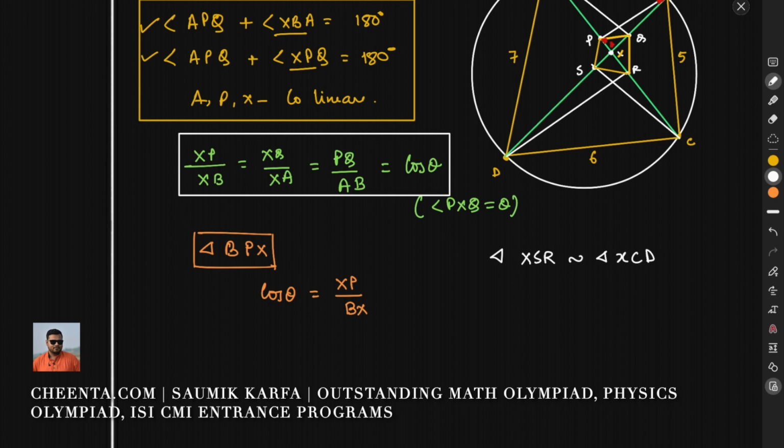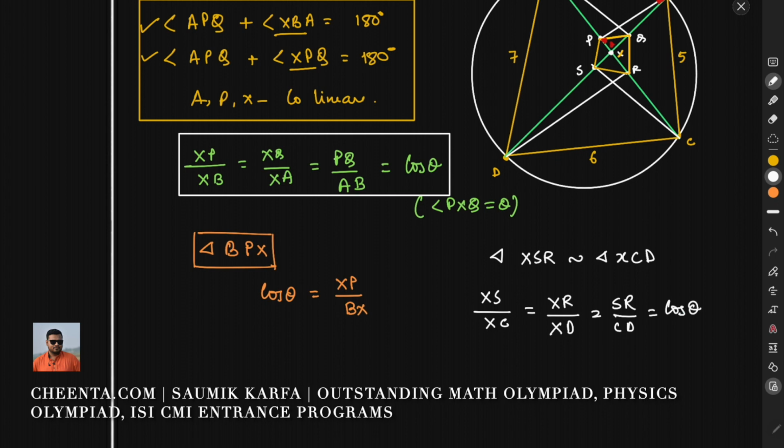Now, as we know that these two triangles are similar, again we can say the sides must be in the same proportion. So we can say XS over XC must be equal to XR over XD, which must be equal to SR over CD. And this is also equal to cos theta.